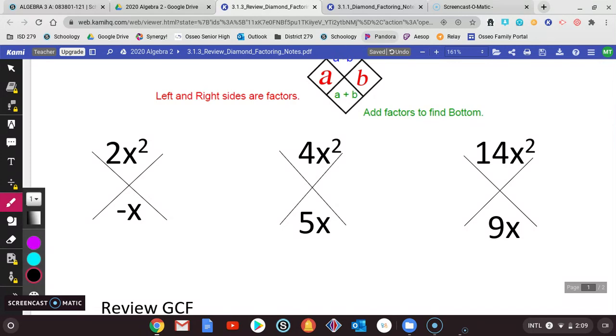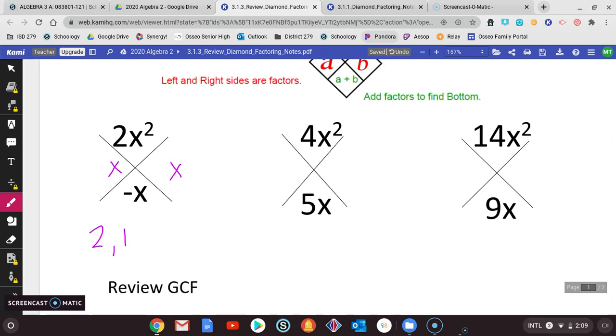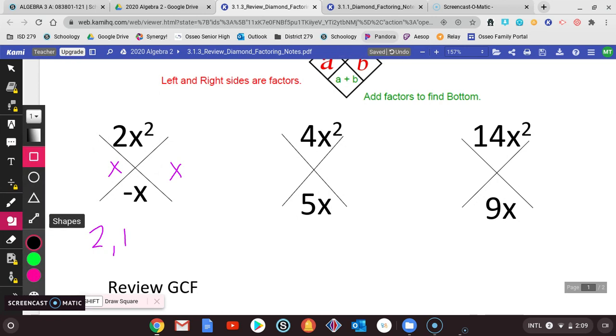So when you are doing x multiplied to get to x squared, remember it always has to be x times x. And then we look at our numbers. Our numbers would be 2 times 1. And this doesn't work out again. So this means this has to be a negative.